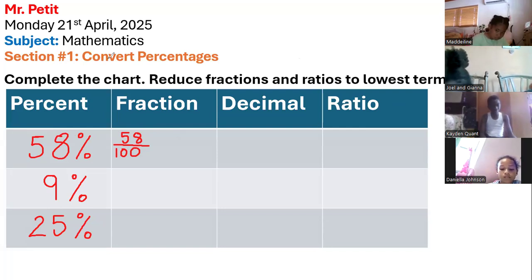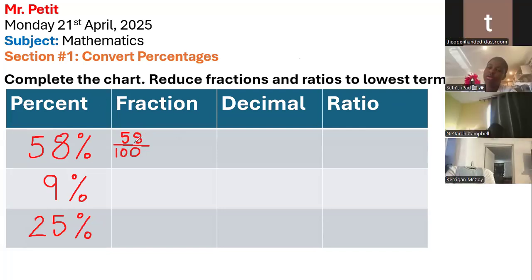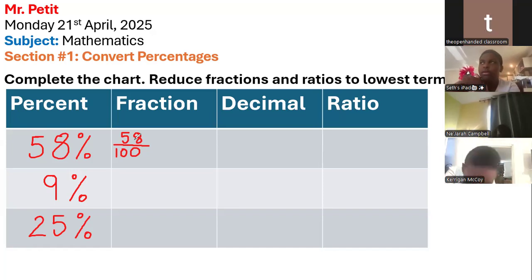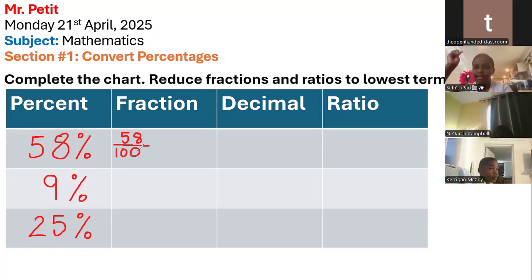Seth, can this fraction 58 over 100 be simplified? Can we reduce it? Why do you say we could reduce it? You don't know?